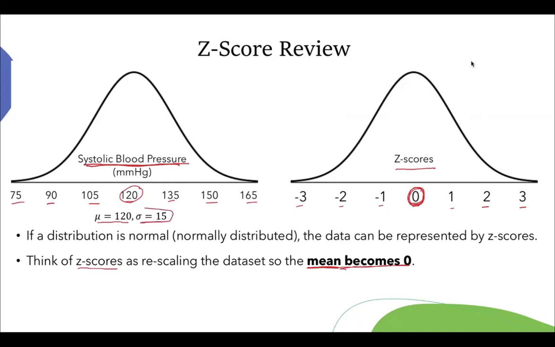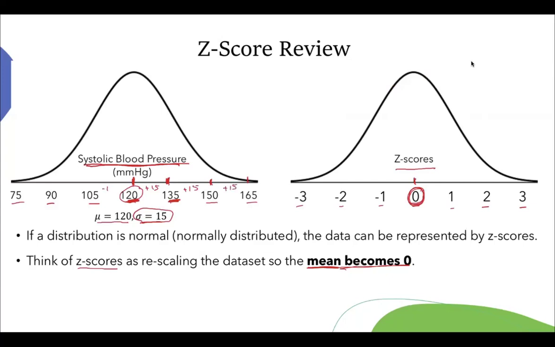The standard deviation. So let's take a look at the standard deviation for blood pressures: it is the distance from one blood pressure to the next one, as identified by these numbers here. And the difference is 15. Okay, if we keep adding 15, we can get subsequent blood pressures.